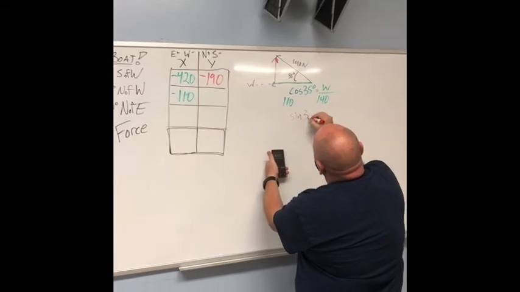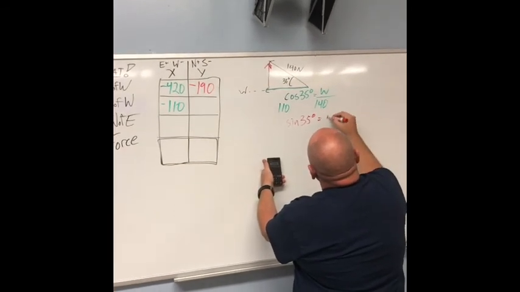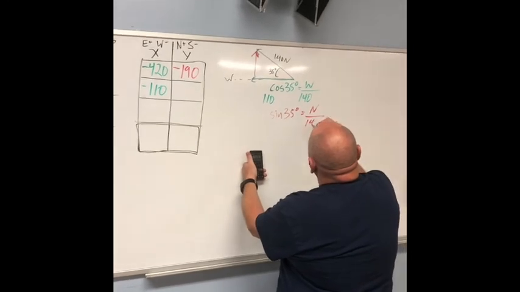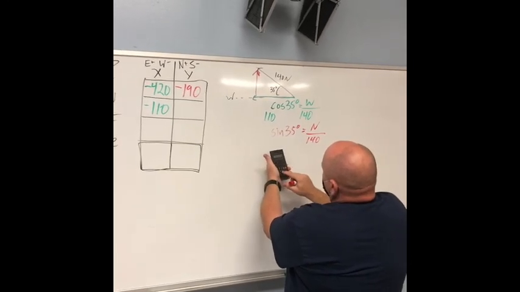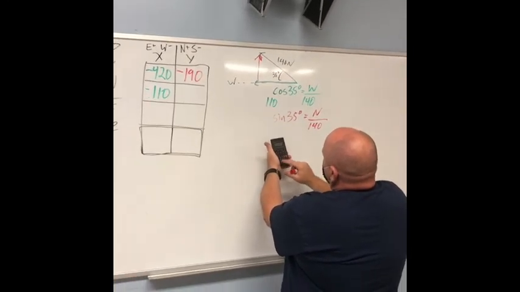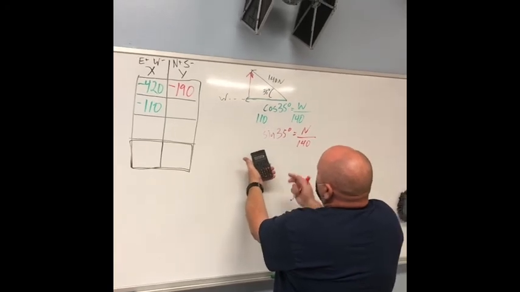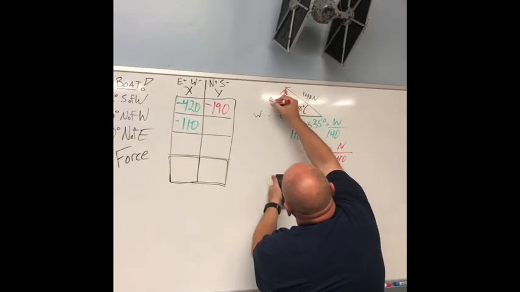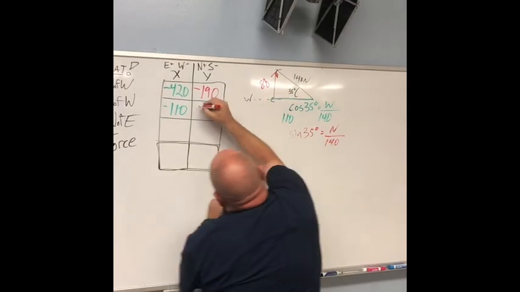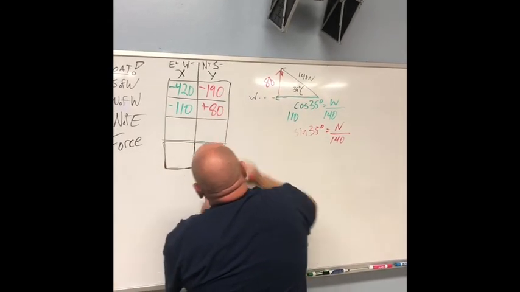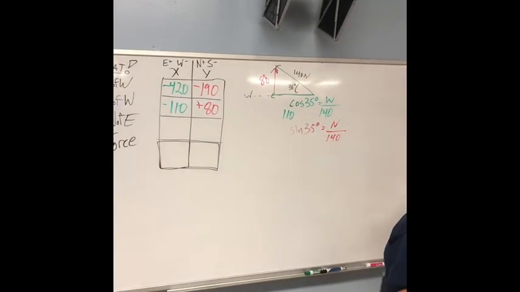So sine of 35 equals north this time over 140. 35 sine times 140, 80. It's two sig figs. This time that's positive, so positive 80. Hey, almost there.